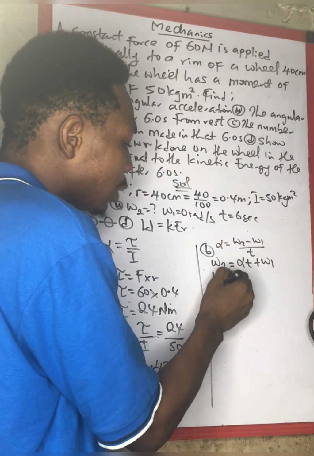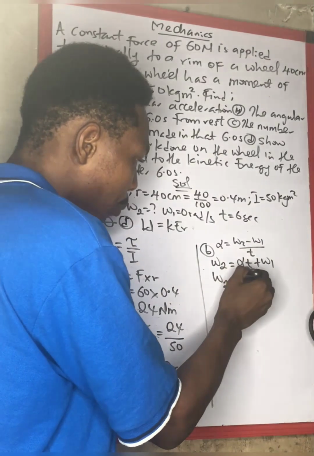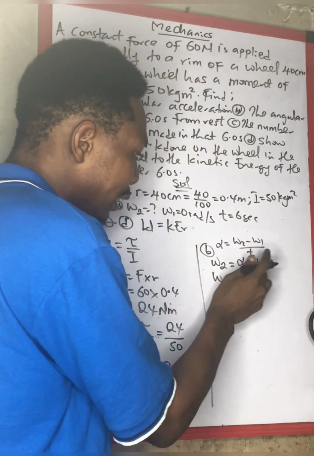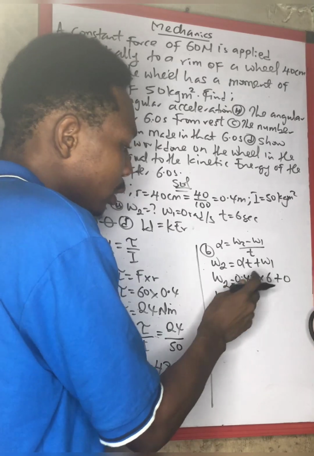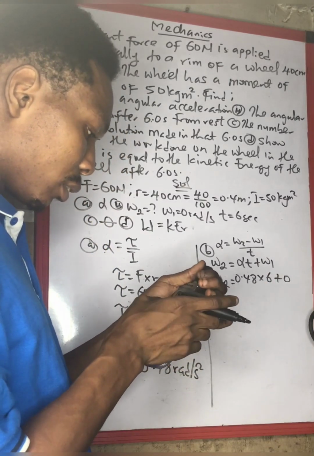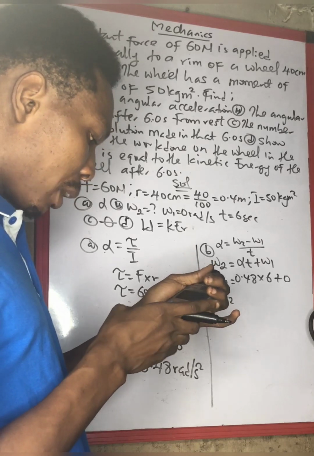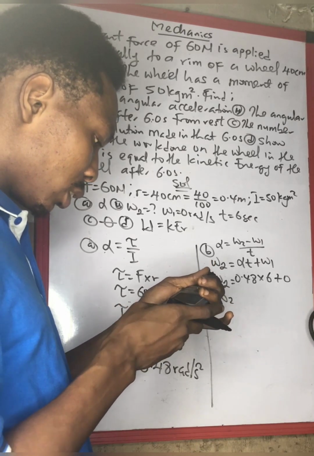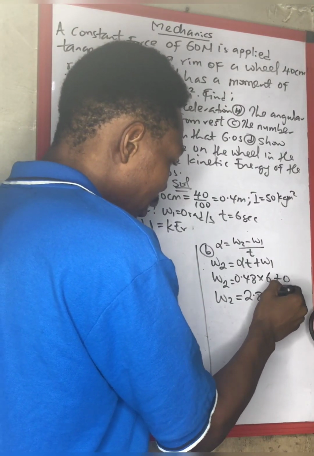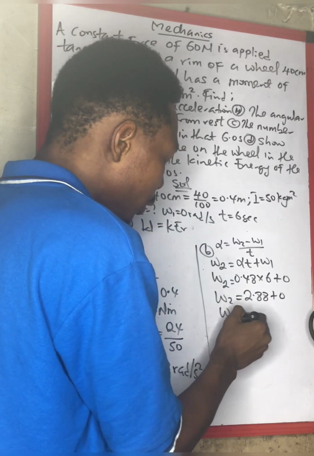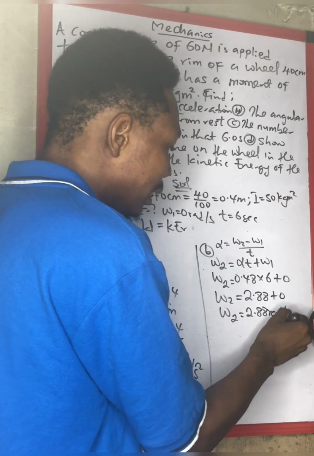So from there, omega 2 will be equal to our alpha, which is 0.48, times our time, which is 6 seconds, plus 0. 0.48 times 6 is going to give us 2.88, then plus 0. So our W2 is going to give us 2.88 rad per second.